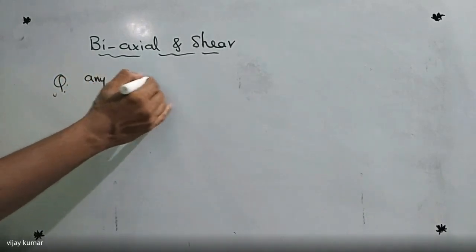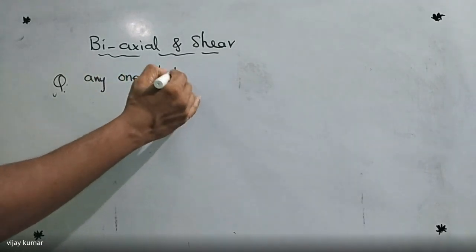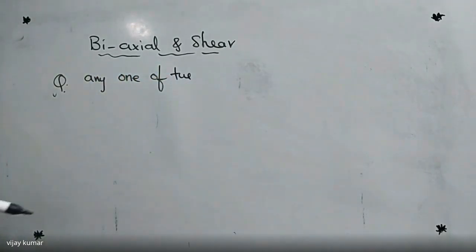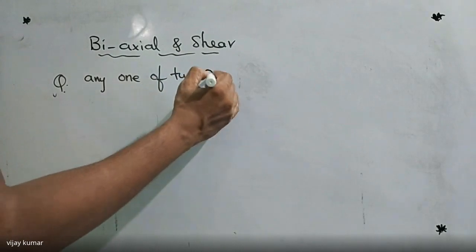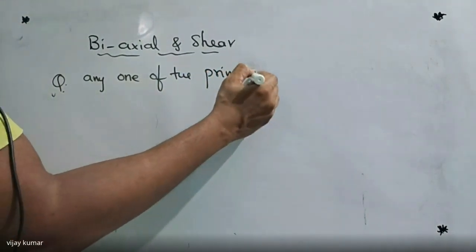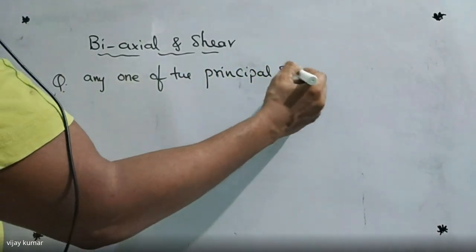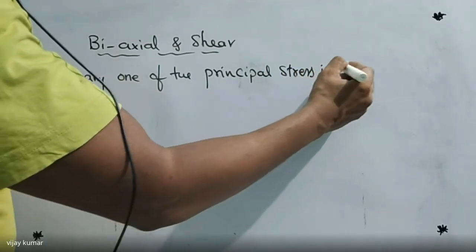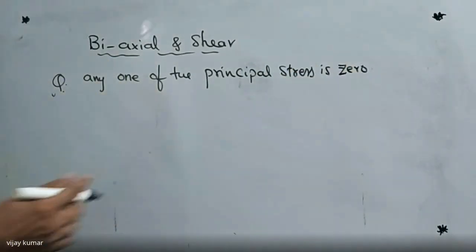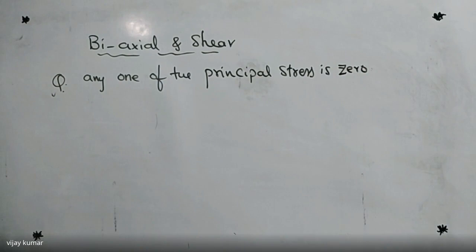Any one of the principal stresses is zero. What I'm saying, any one of the principal stresses is zero.